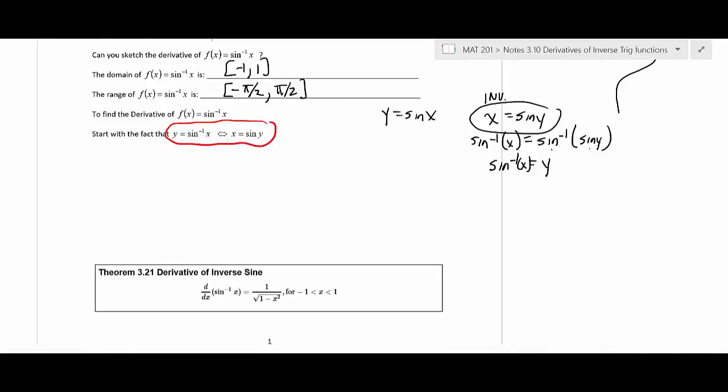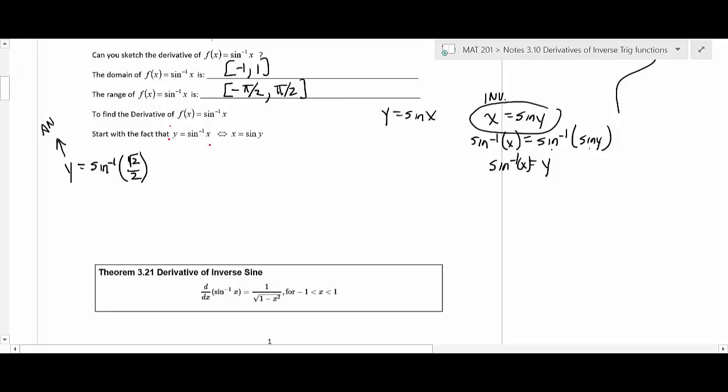Now, the other way that might help you to understand this is this. When you're doing an inverse sine, let's just say you were doing the inverse sine of something like square root of 2 over 2, to keep it simple. What that means is the answer to an inverse sine is an angle, right?